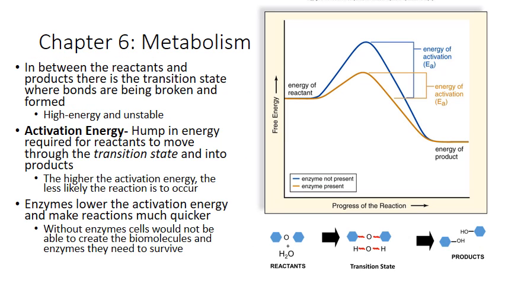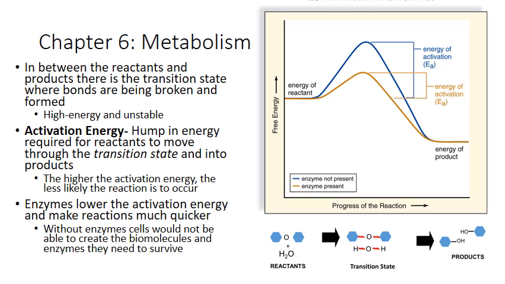So speaking of reactions, if we look at how energy changes over the progress of a reaction, we see this hump in the middle, and this is related to the activation energy of the reaction. As reactions go from reactants to products, they pass through an intermediate state called the transition state.